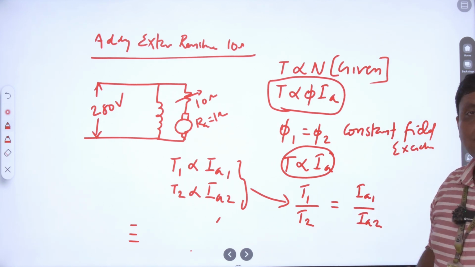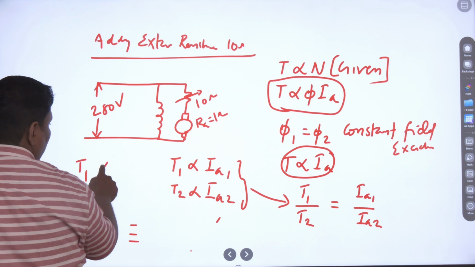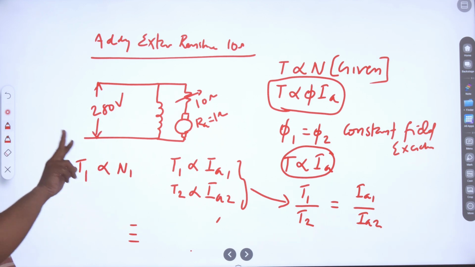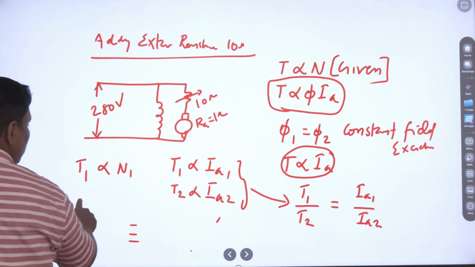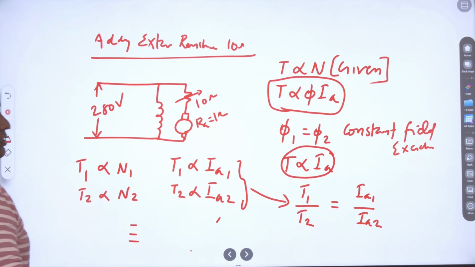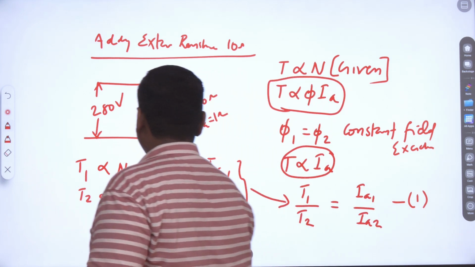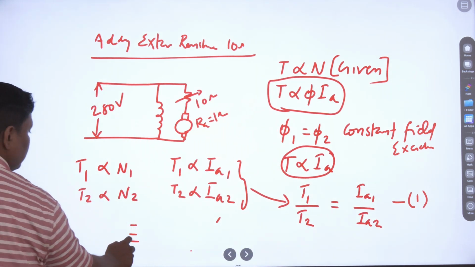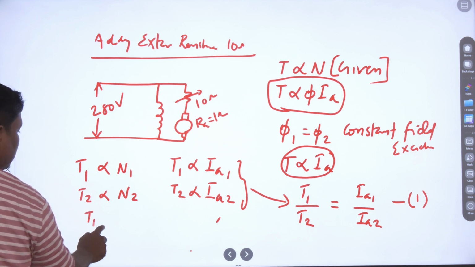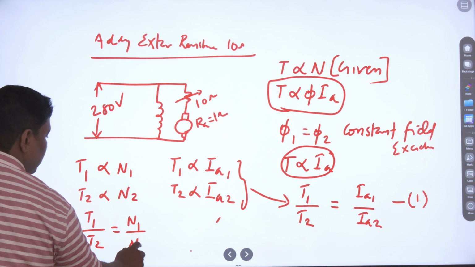Similarly, as per the problem statement, T1 is proportional to N1, because if you are adding the external resistance, the speed also changes, right? So T2 is directly proportional to N2. We can consider this as equation number 1. Here, as per this, T1 divided by T2 equals N1 divided by N2.